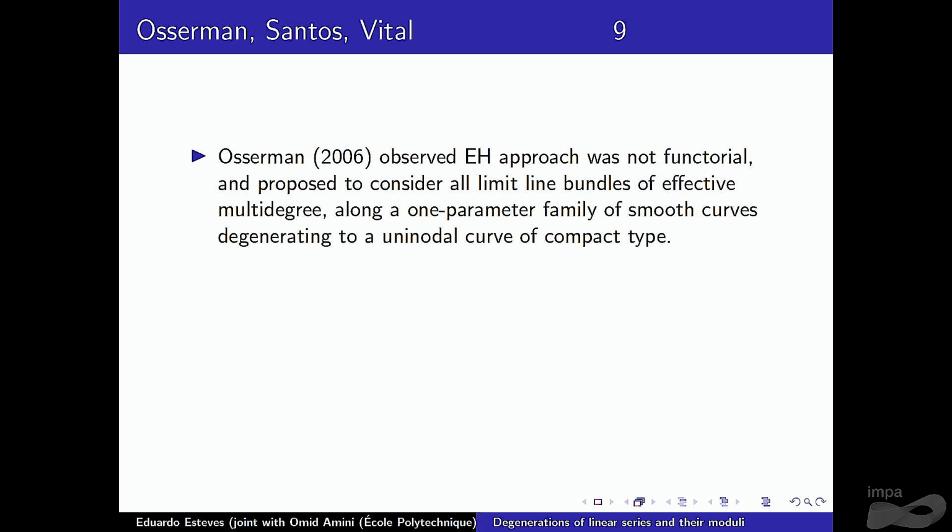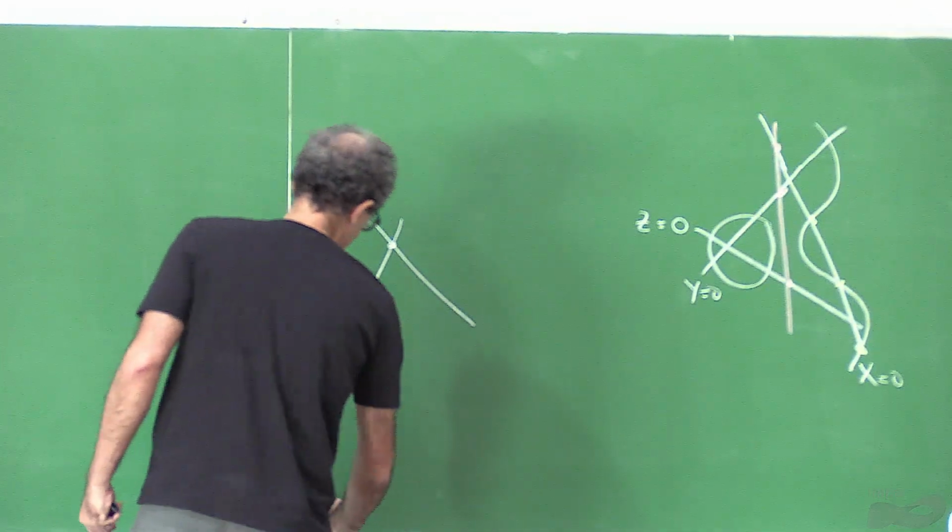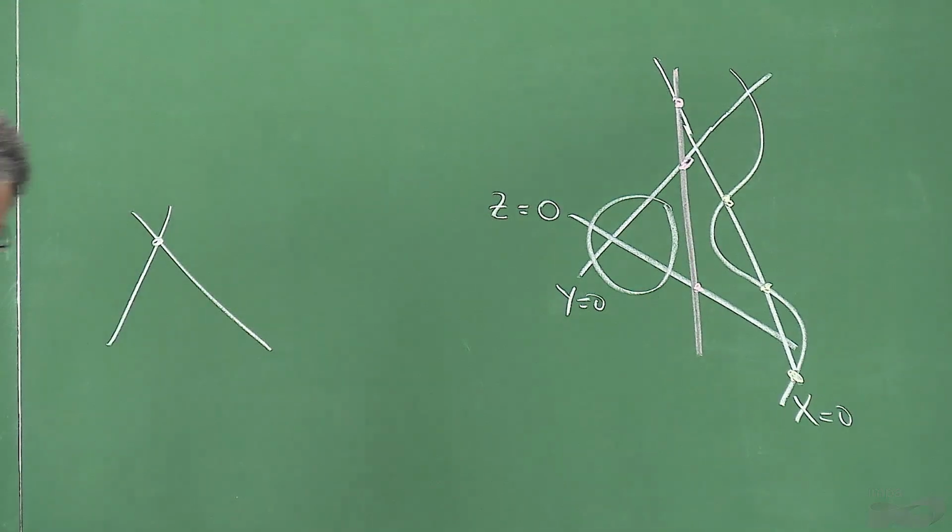So that way you would consider all divisors that happen, and he proposed that for a one-parameter family of smooth curves degenerating to just a curve like that. So his first approach was for curves that have 2 components intersect at a node.